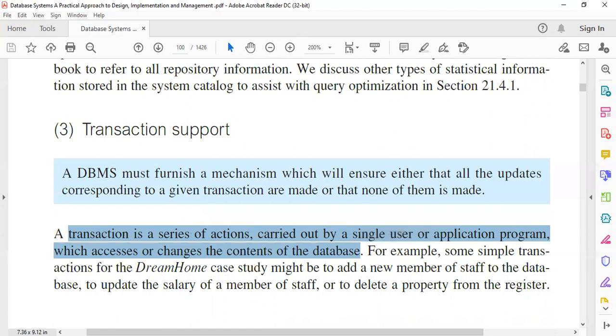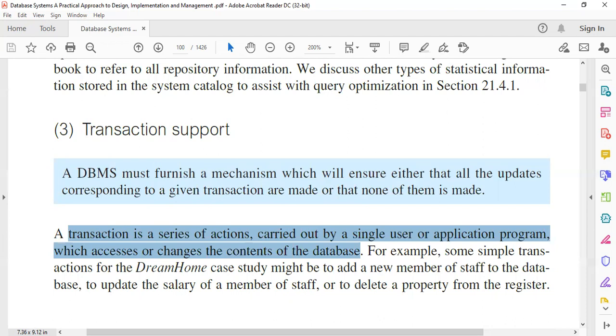So whenever you want to access the database, whatever actions you take to access information on the database, and also maybe make some changes, is what we call transactions.